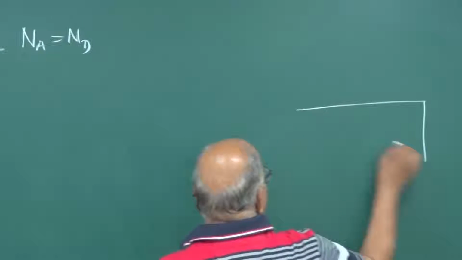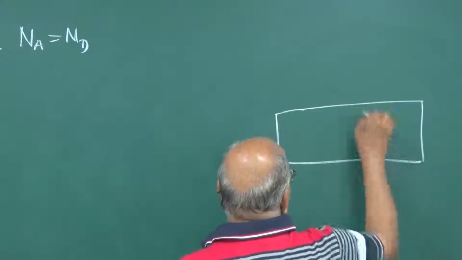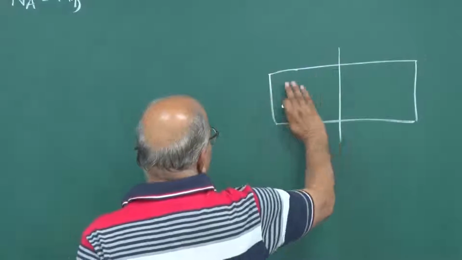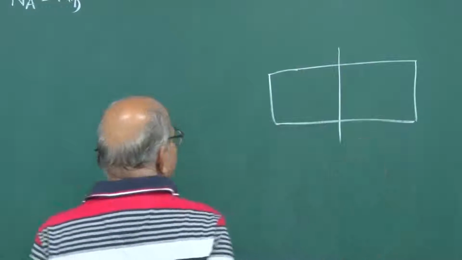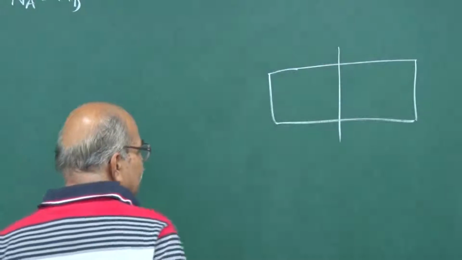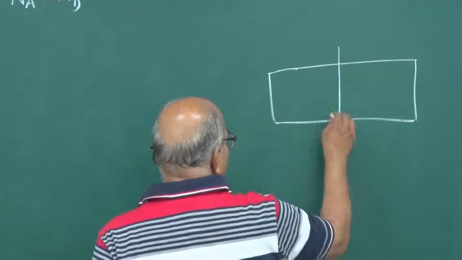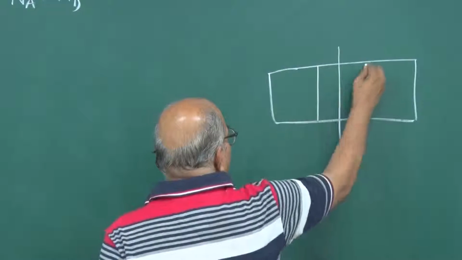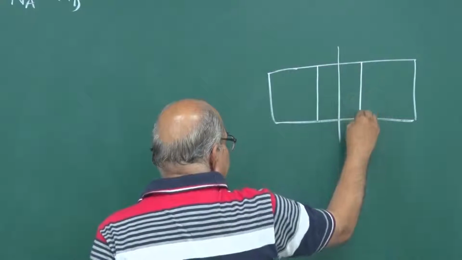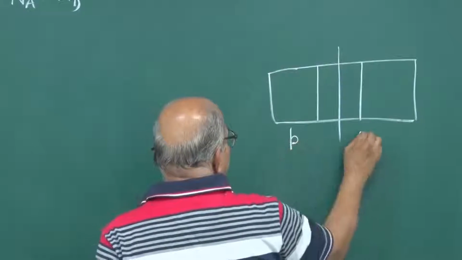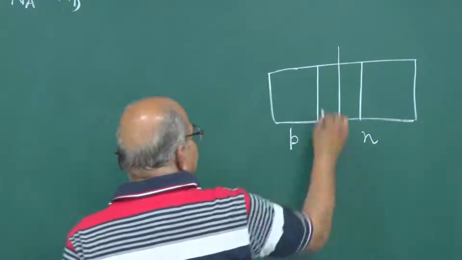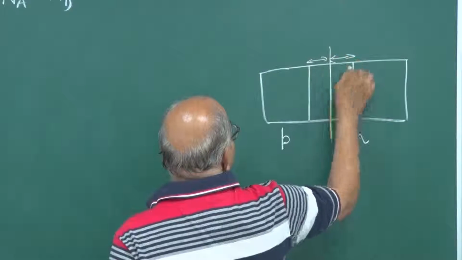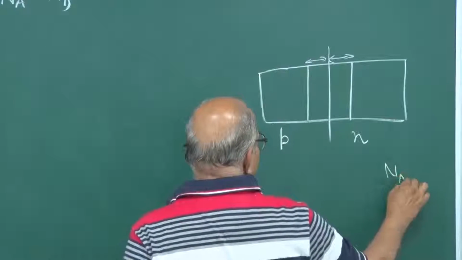So if you denote your p-n junction like this, here is the junction, then from one side you have acceptor, on the other side you have donor, and since Na is equal to Nd, your depletion region will be of equal width on the two sides. So if this is the p side and this is the n side, this part is the same as this part because Na is equal to Nd.